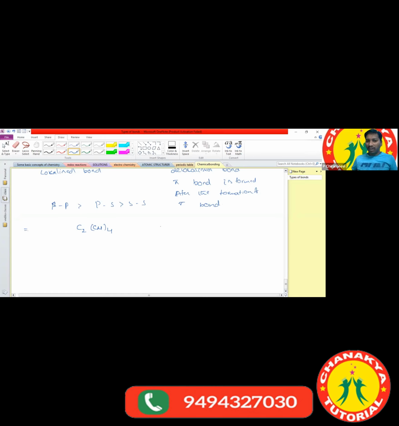Now let us see how we can draw the structure. C double bond C, and each of the other four carbons has a C triple bond. Wherever there is a double bond, one is a sigma bond and the other is a pi bond.